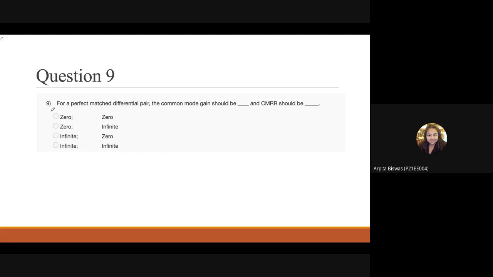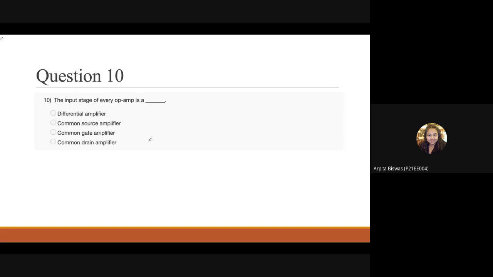So for a perfectly matched differential pair, the common mode gain should be and the CMRR should be. Tell me what is the right answer? 0 and infinite. Yes, 0 and infinite. Option B, right?